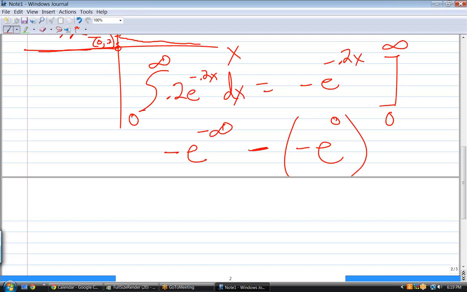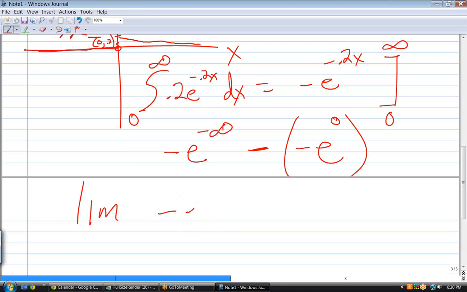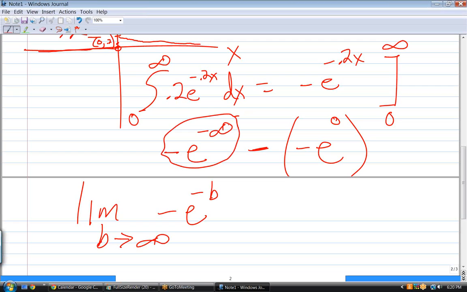Well, minus e to the minus infinity goes to 0, as that's what the limit would be. Most things are going to have you take the limit of minus e to the minus b as b goes to infinity. Well, we can see that that's 0, right? It's 1 over e to the infinity. So this goes to 0.